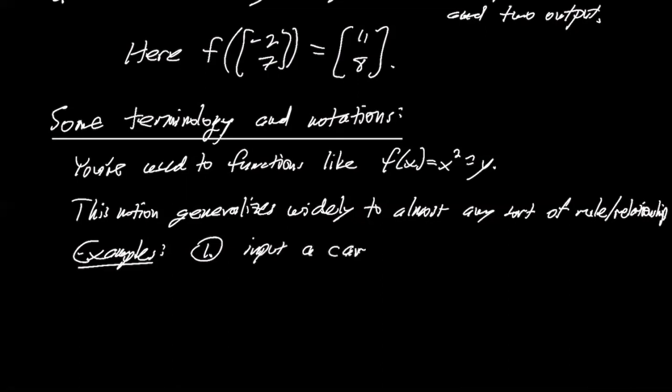You could identify it by a VIN number, a vehicle ID number, and the output could be its color. So that's a function on the set of all cars: I plug every car into this, and it outputs the color of the car. Or you could input a person.